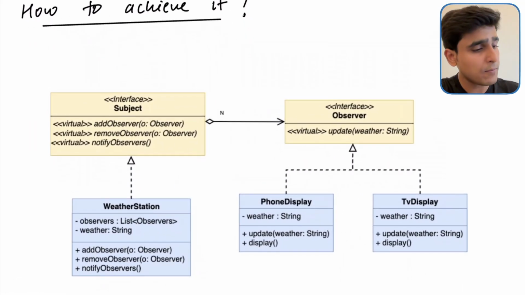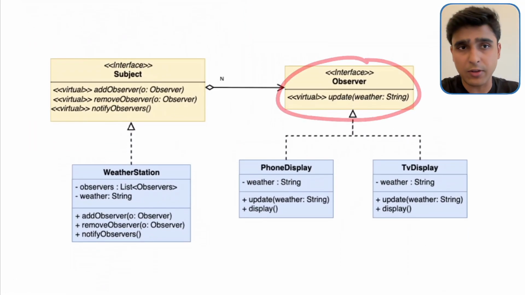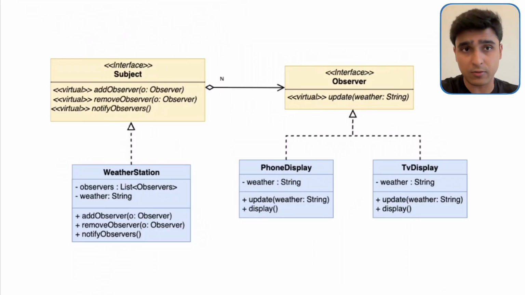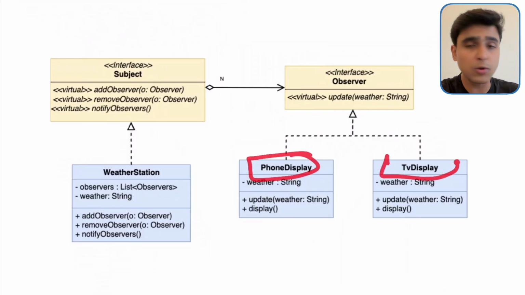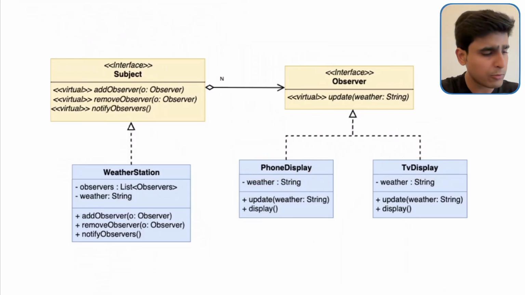First of all, we create an observer interface. Anyone who wants to observe or subscribe has to implement this observer interface, and with that they have to implement this update function, so that the weather station can call this update function for that observer. Now we can have, let's say in this case, phone display and TV display, two concrete observers.